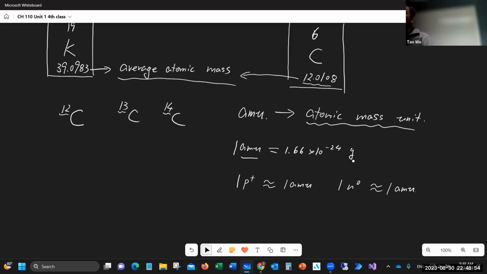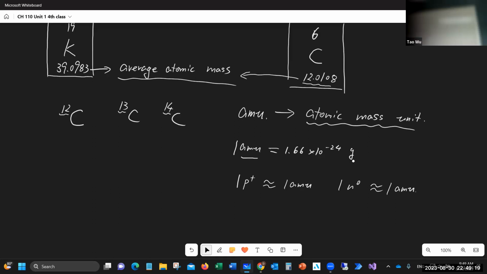That is why the mass number generally is talking about the mass for each of the atoms. And again, I need to emphasize that this mass number is not exactly the mass of the atom, because it's close, not exactly the same.